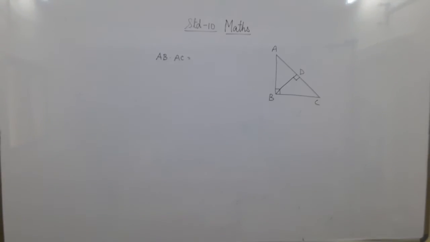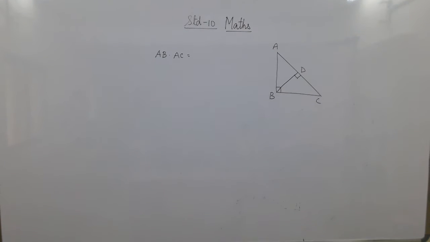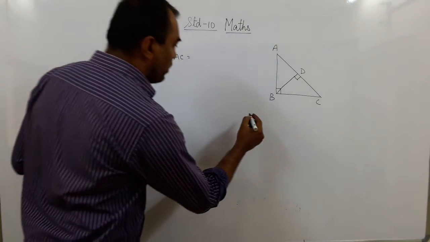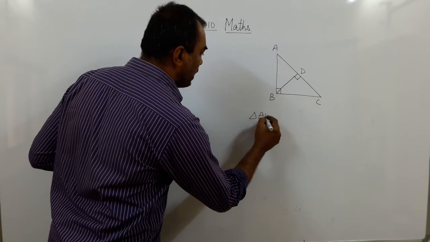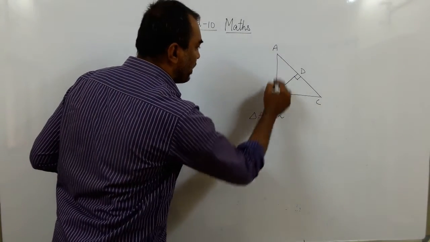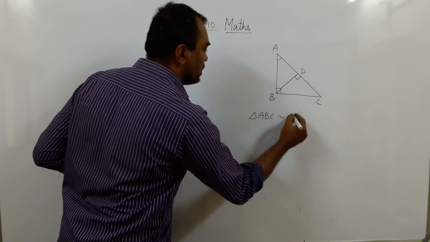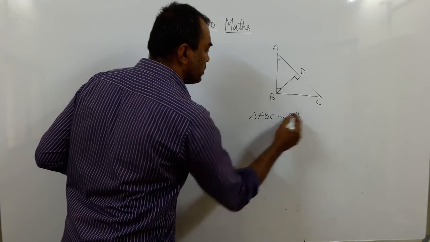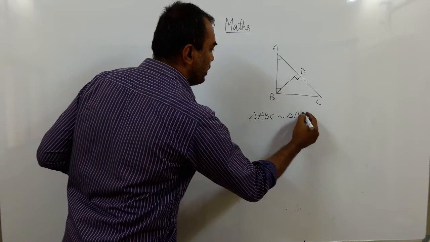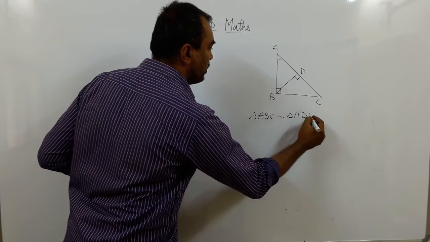I want to show you a shortcut formula. Okay, so I will write again. What we had proved? The bigger triangle ABC was similar to the smaller one. A equal to A, B right angle to D, and C to B.